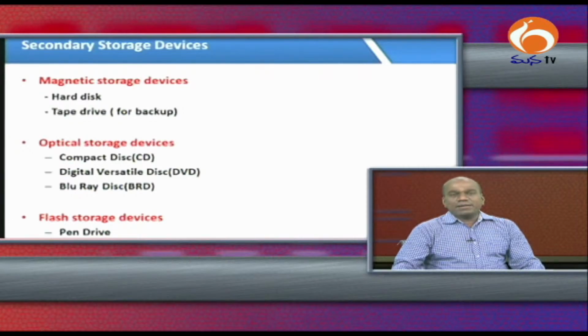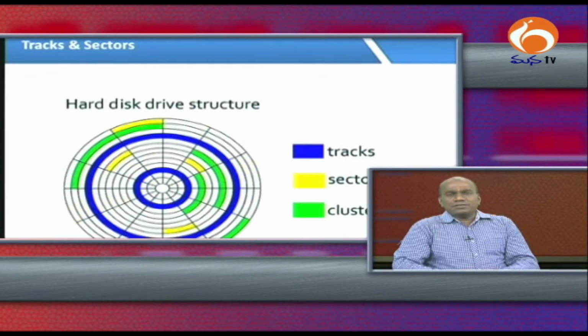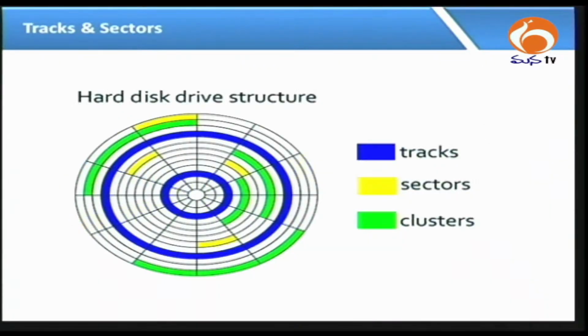On the screen you can identify two types of secondary storage devices. The main purpose of using secondary storage devices on a computer is to store the computer OS or to store users' personal data. Look at the screen. On the screen you can see tracks and sectors.